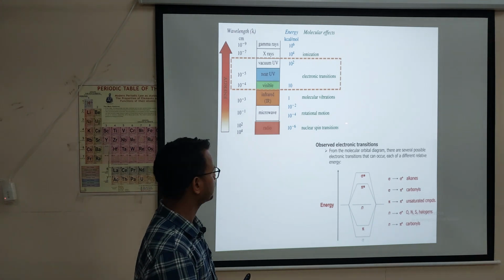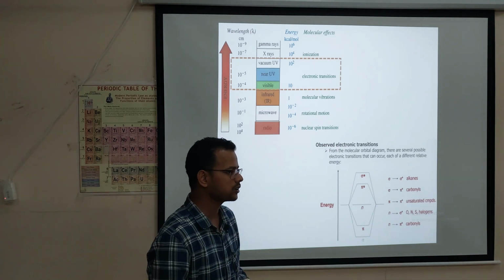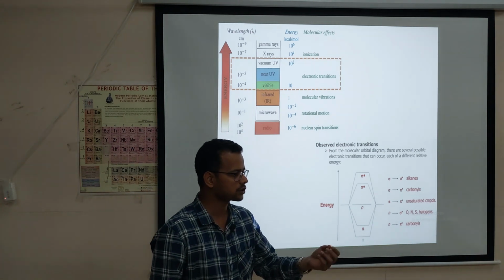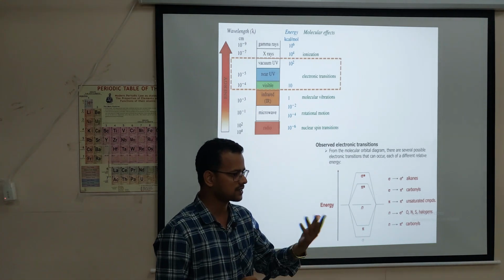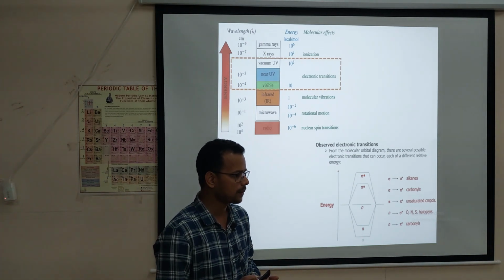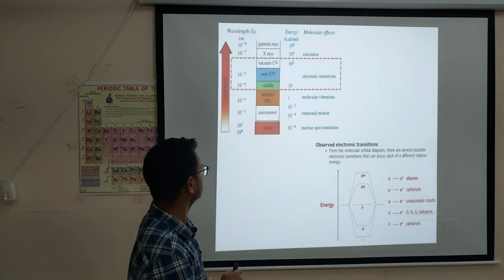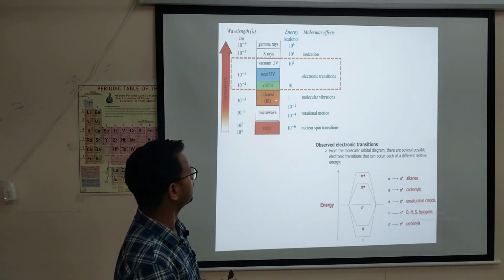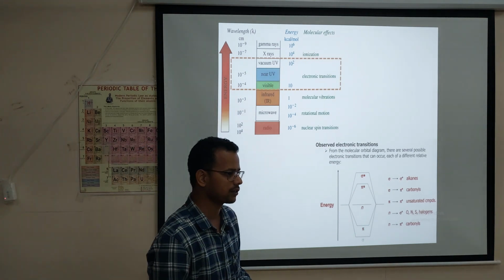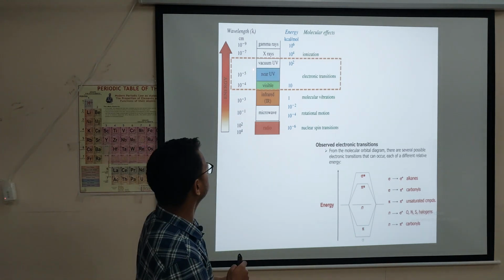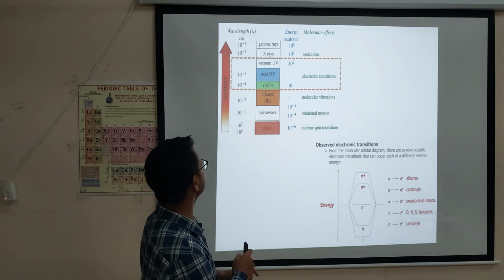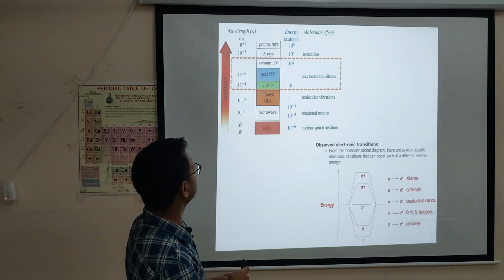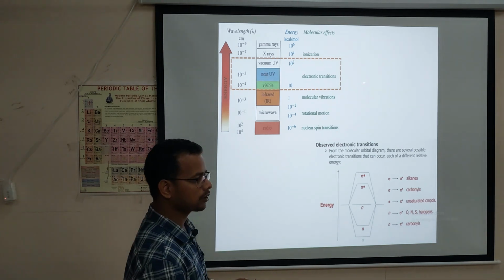Microwave can cause rotational motion of the molecule, you know, vibrational motion, rotational motion, translational motion, right. Infrared, IR, can cause molecular vibration. And visible and UV can cause electronic transition.